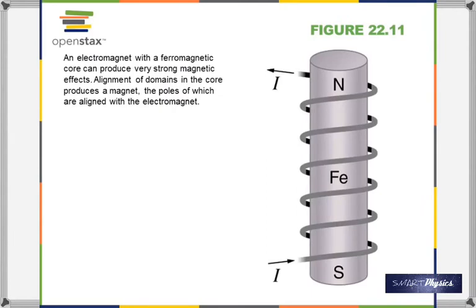Now that's an electromagnet. What's an electromagnet? You have a coil around a ferromagnetic material. So if you simply have a coil here, if I take a pencil or a pen and wind a coil over this and remove the pencil, what's inside the coil? What material is inside the coil?